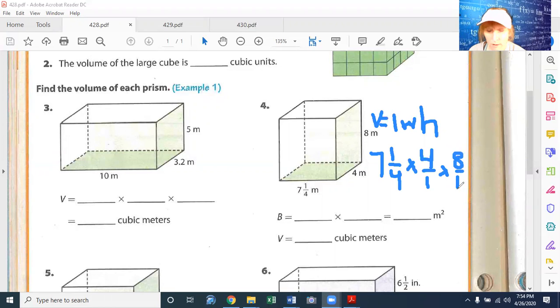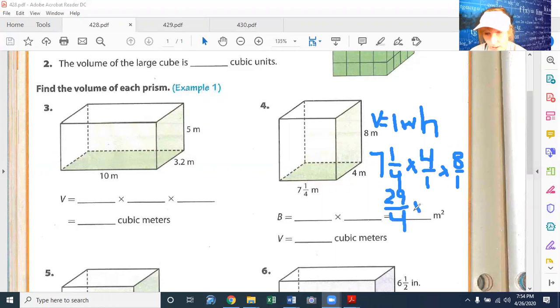Now we're almost ready to multiply. We just have to change our mixed number into an improper fraction using our whole number times the bottom plus the top. Whole number times the bottom, 7 times 4, 28, plus the top, 29, 29 fourths, right? Fourths on the bottom, 29 fourths.